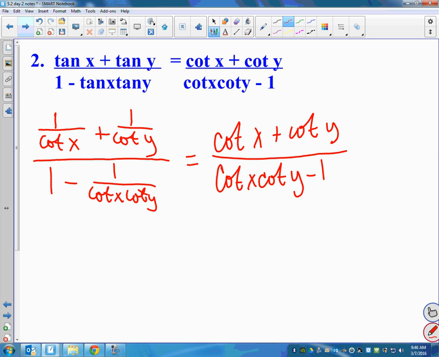a common denominator first. So on the top here, my common denominator is just going to be cotangent x, cotangent y. So this side needs a cotangent y. This side needs a cotangent x.